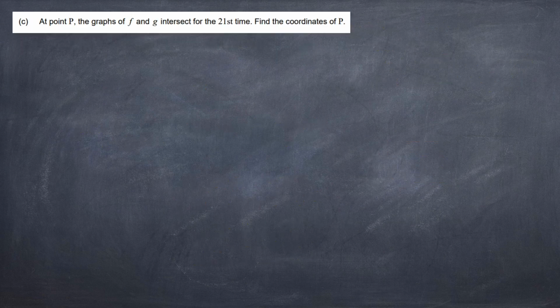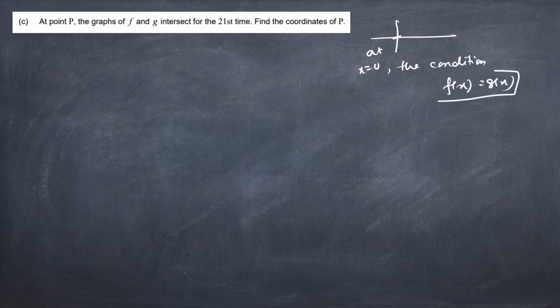Now another problem. At point P, the graphs of f and g intersect for the 21st time. Find the coordinates of P. Now see the fact, when the graph was starting, at x equals 0, the graph was 0, and the condition was f(x) is equal to g(x).